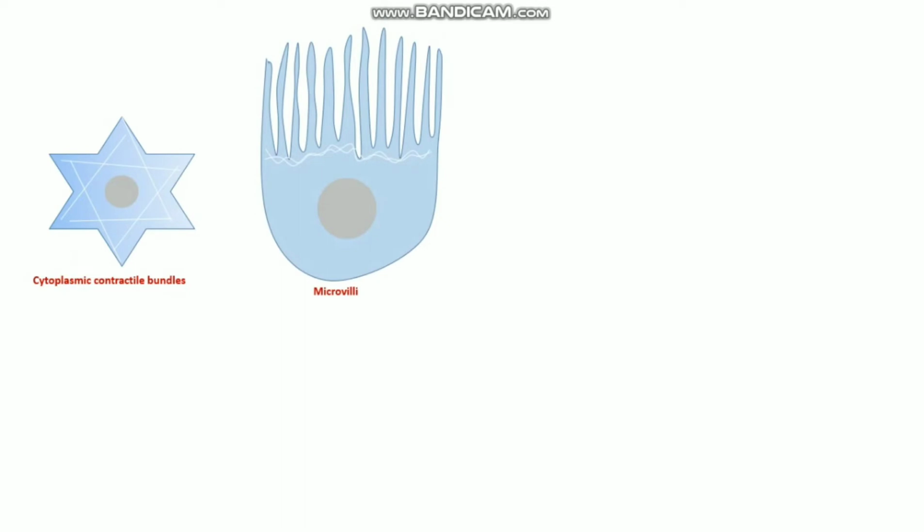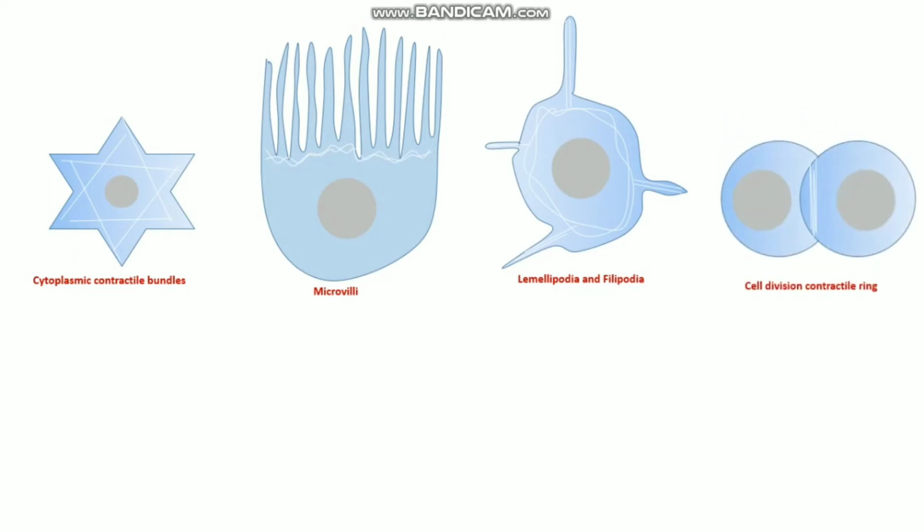Actin is actually an abundant protein in all eukaryotic cells, and there are different kinds of actin filament networks. First one is the cytoplasmic contractile bundles, microvilli, lamellipodia and filopodia, and the cell division contractile ring.